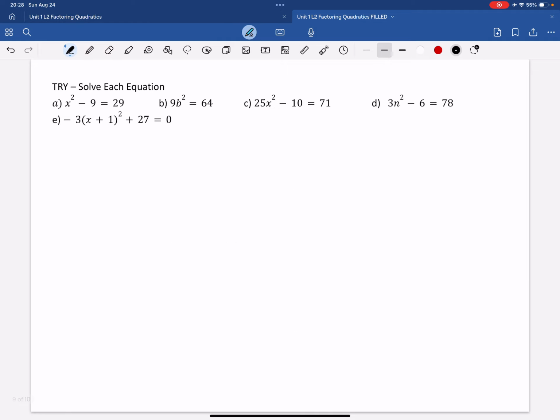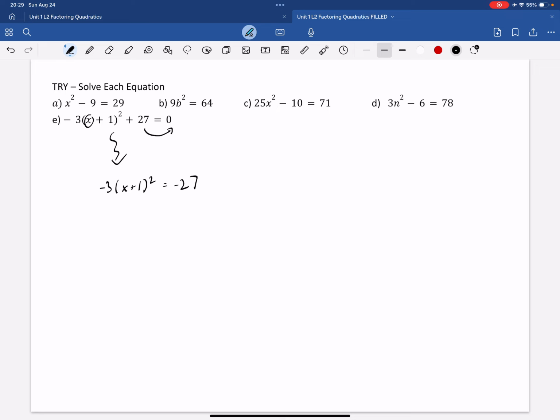So let's try this one. We want to isolate this x. That's what we're trying to solve for, but it's inside of parentheses. It's not smart to square it out. So let's just say negative 3 times x plus 1 quantity squared is equal to negative 27. All I did is move that over by subtracting.